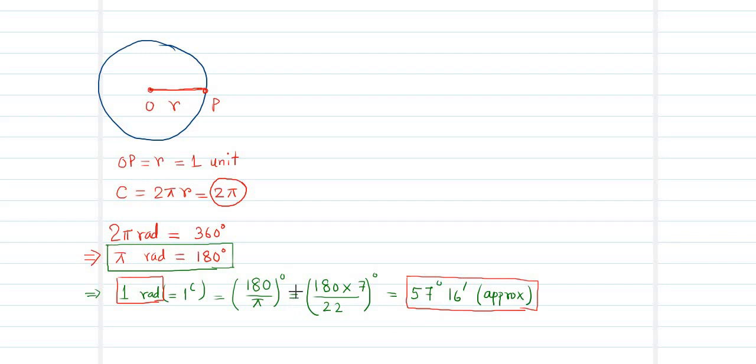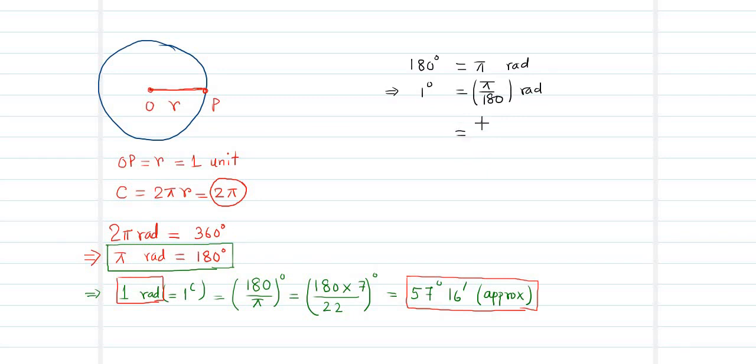On the other hand, if someone wants to know the relation between degree and radian in the same format, we know that 180 degree equal to pi radian. So 1 degree equal to pi by 180 radian.